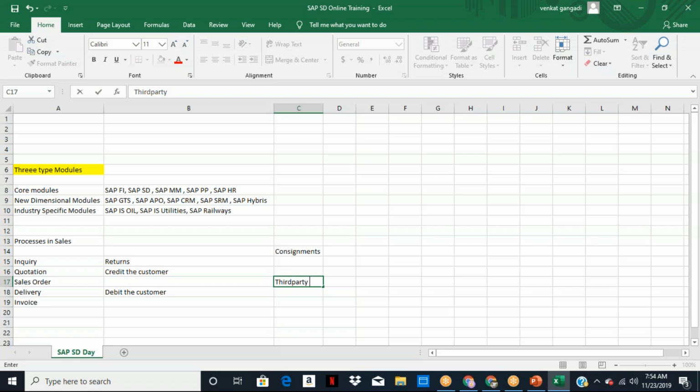But since you are not able to procure or produce the goods at the time, you can send that order to your vendor, who will then procure, produce and send it to your customer. That is called doing the sales activity involving a third party, which is called third party sales activity.